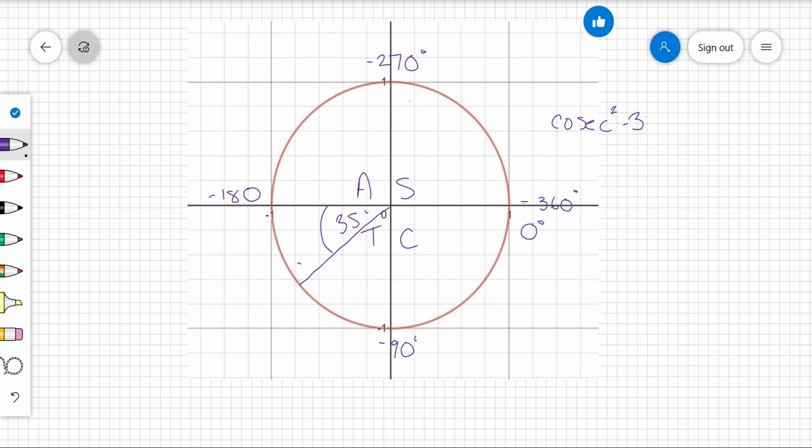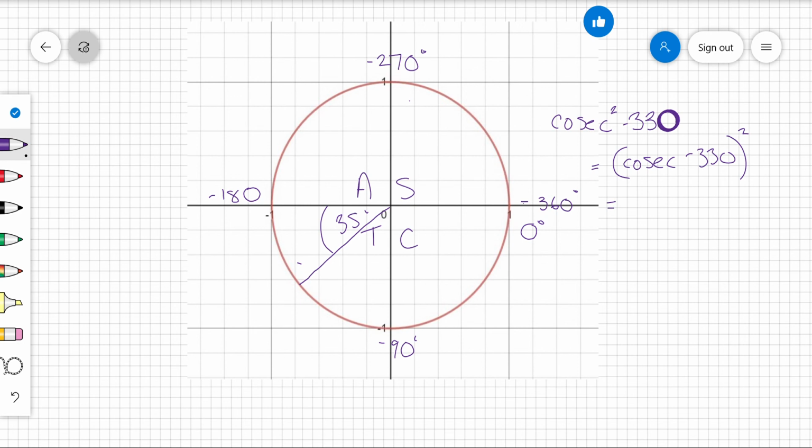So it's cosec squared of negative 330 degrees, which is the same as cosec of negative 330, all squared. That's how trig notation works. The square is the square of the whole thing.